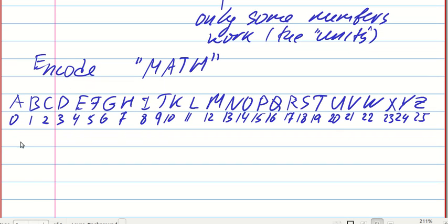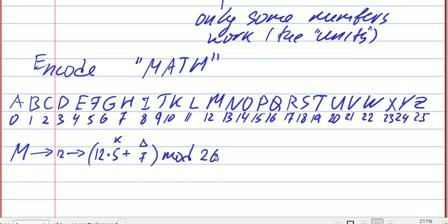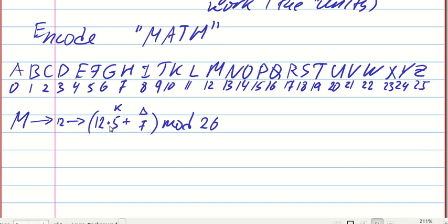So let's start encoding. So we use letter M. M position is 12, so we use 12. And we calculate 12 times 5, that's our K, plus delta, and our delta is 7. And we do mod 26. So let's calculate it. 12 times 5 is what? 60.